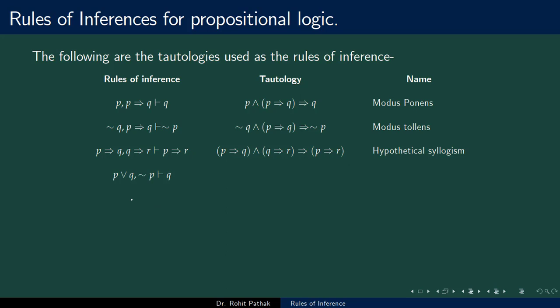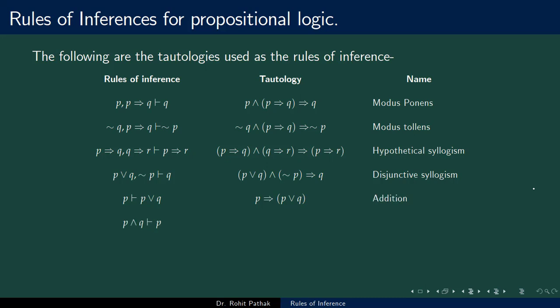Then P or Q and negation P give the conclusion Q. This is a tautology, and it is called disjunctive syllogism. P gives the conclusion P or Q, or P implies P or Q is a tautology, which is called addition.